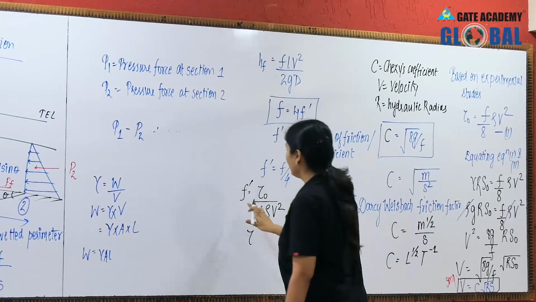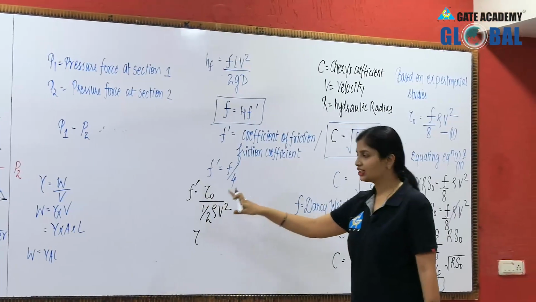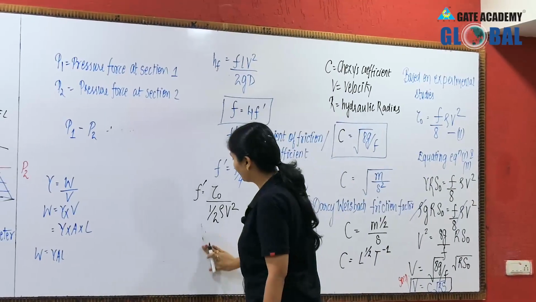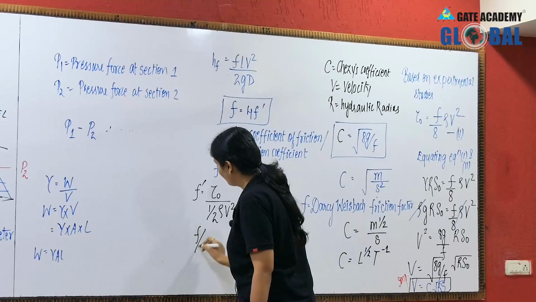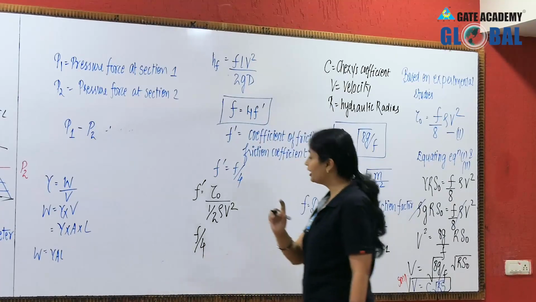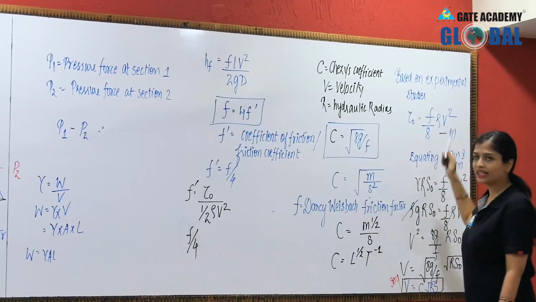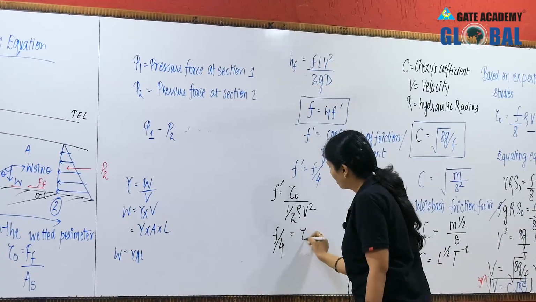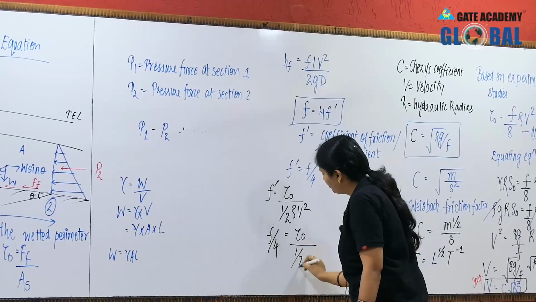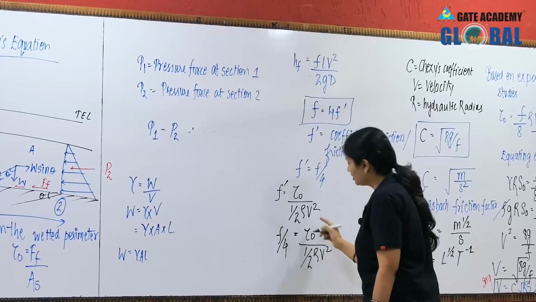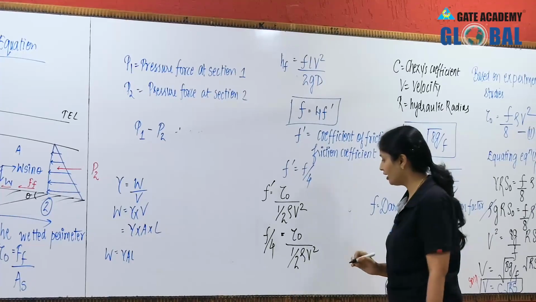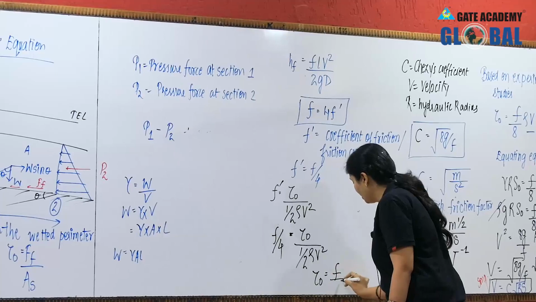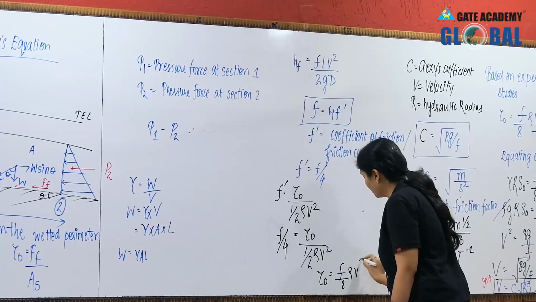So now if I want to get the value of f dash in terms of f, I can write it as f by 4, because here you can see there is no f dash, there is f. So now this is f by 4 equals tau naught upon half rho V square, where V is your average velocity. So tau naught is equal to f by 8 rho V square.